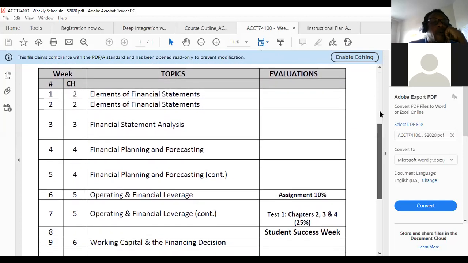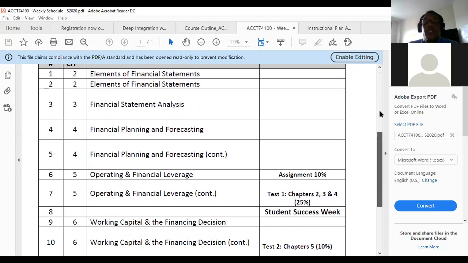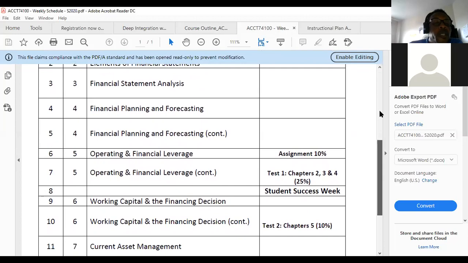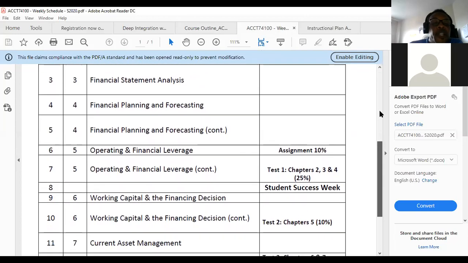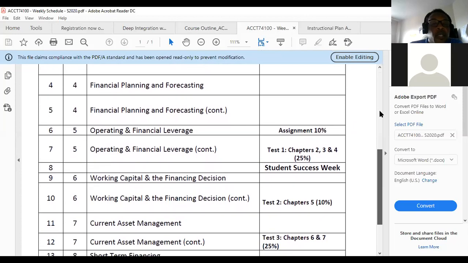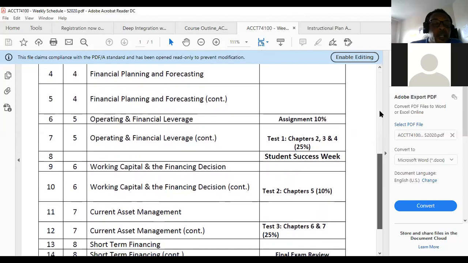So week 3, which is next week, we'll be doing financial statement analysis. Then on week 4, we'll look at financial planning and forecasting, and we will go into week 5 with that. Week 6, we will look at operating and financial leverage, and as well in week 7.